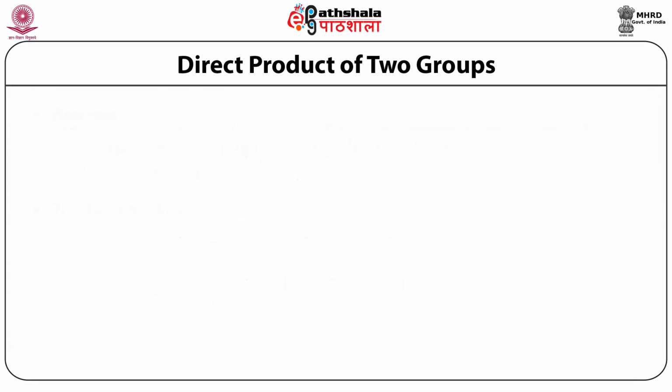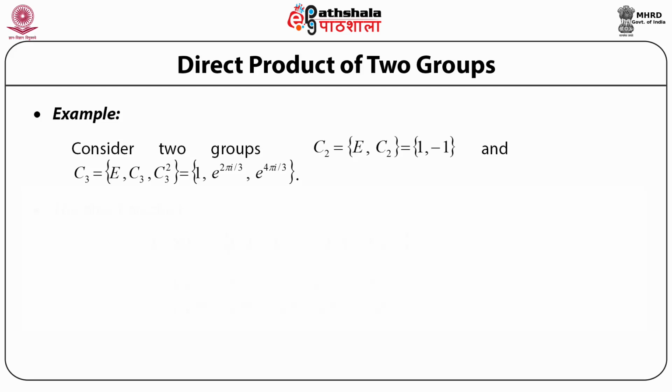We will now illustrate how the direct product of two groups operates by taking a simple example. Consider two groups, a group C2 with two elements, the identity E and element C2, where E is equal to 1 and C2 is minus 1.